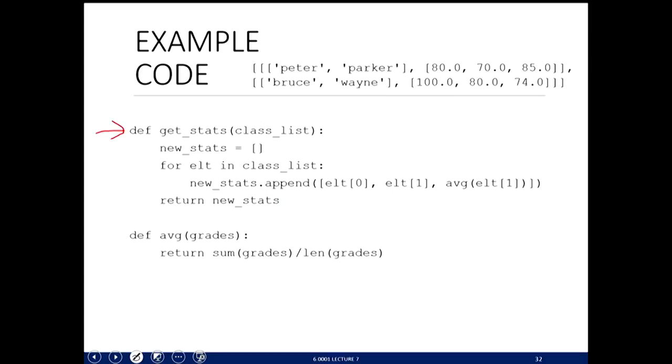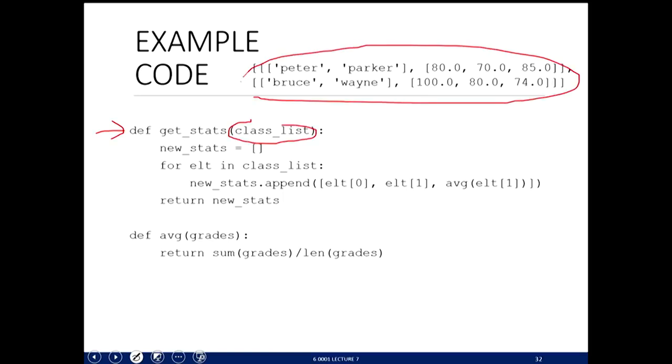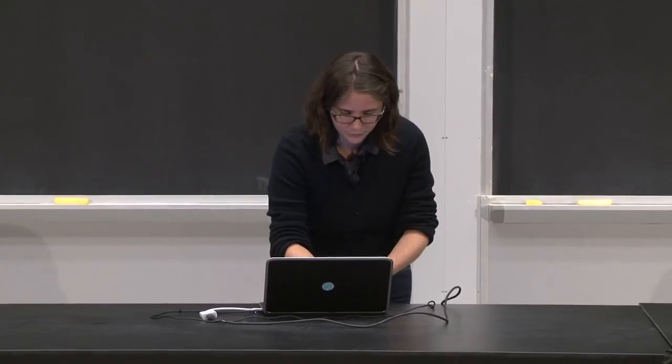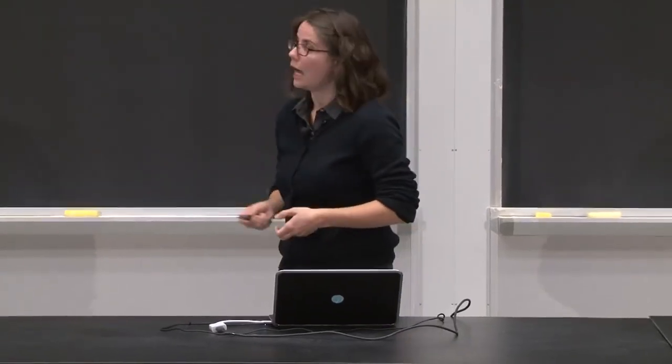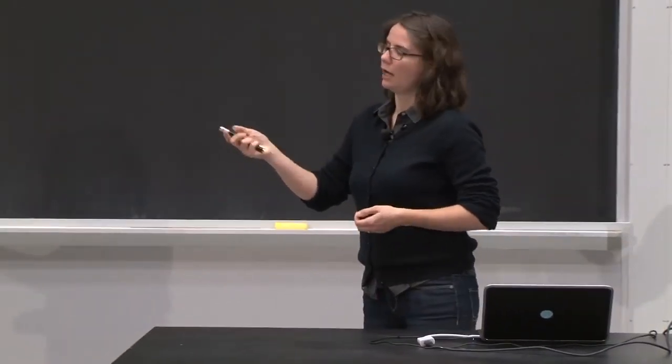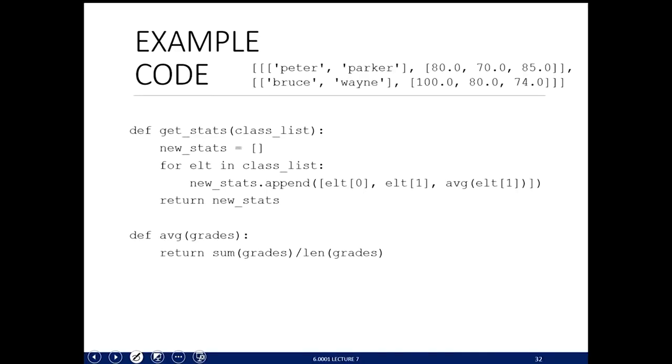This is a function that takes the class list, which is this whole list here. I'm creating a new list inside it, initially empty. And then I'm going for every element in the class list. I'm appending element at 0, which is going to be this first list here. So it's going to be the first name and the last name.